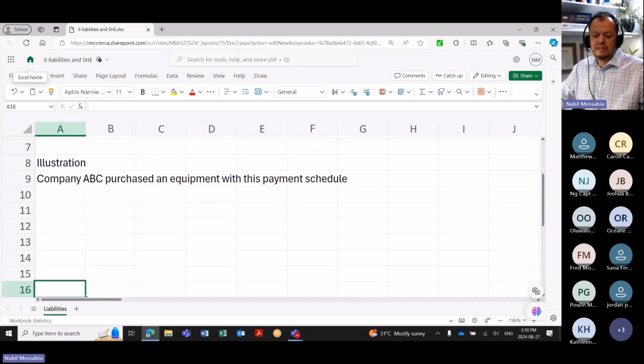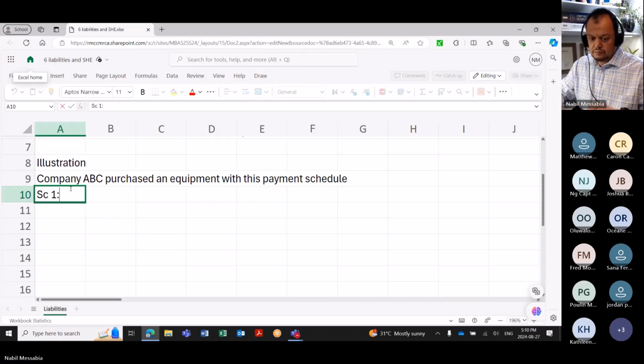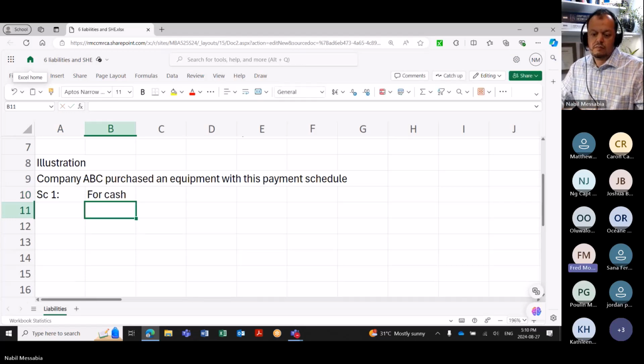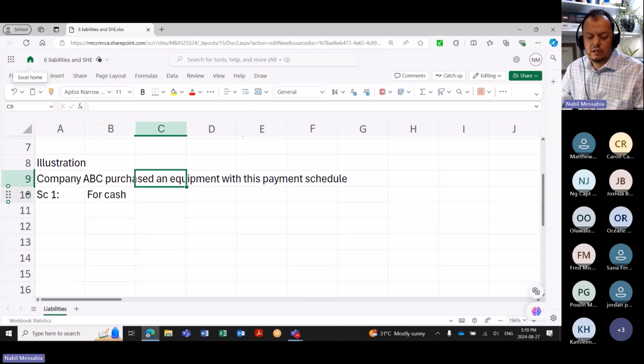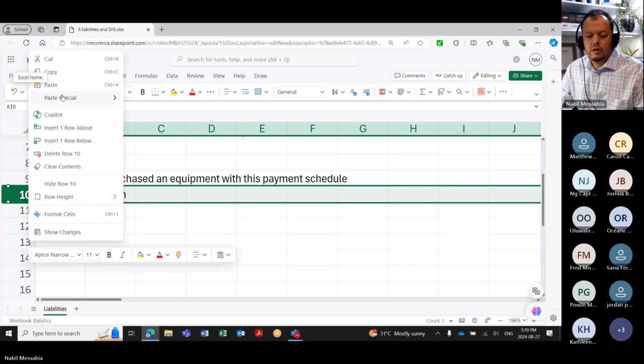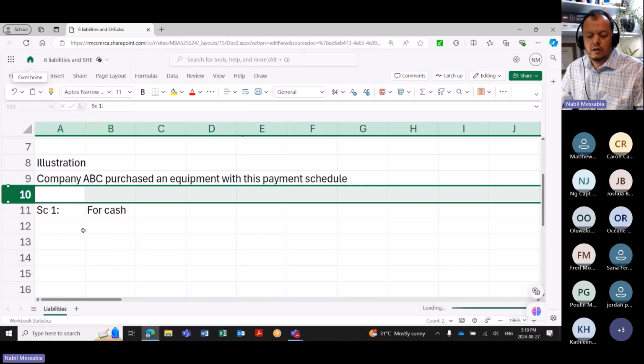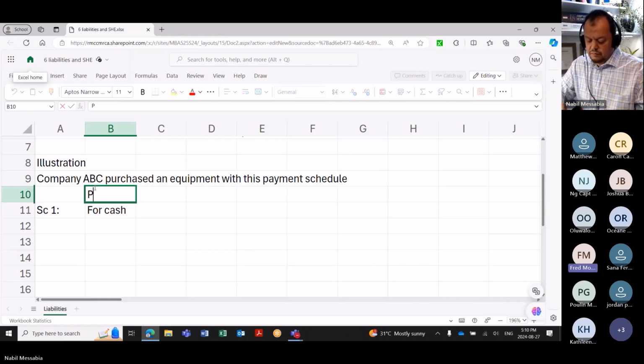So of course, let's say scenario 1, for example, for cash, we'll say the price, the listed price.